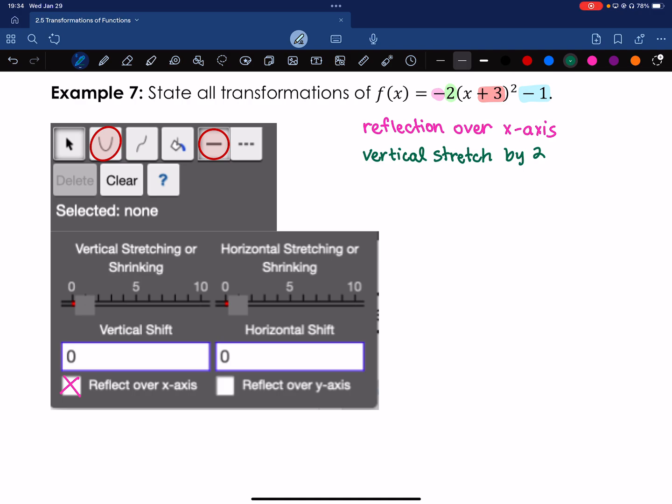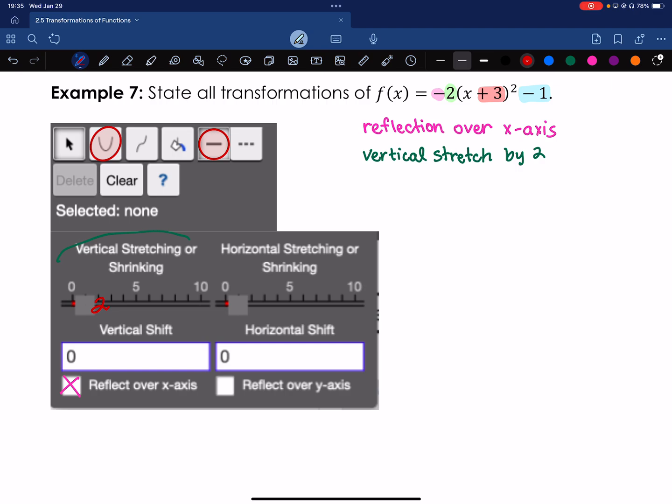Okay, that's why we think about the absolute value and you don't consider the negative to be with the vertical stretch or compression. That's where people mess up. So that 2 being by itself, it's greater than 1, so it's a vertical stretch. So that means right here, on this one right here, you would move this to be 2. So wherever 2 would be, you would slide it till it says 2.